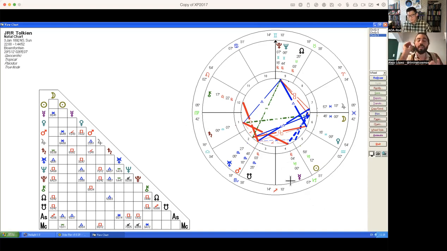We're going to do it on the next episode, but for the moment, we're just looking at the connections. We would also say that because it's the ruler of the ascendant, and the ascendant is so important, we call this planet the chart ruler. It's like a presiding deity that he has.